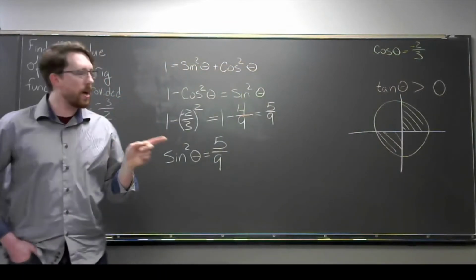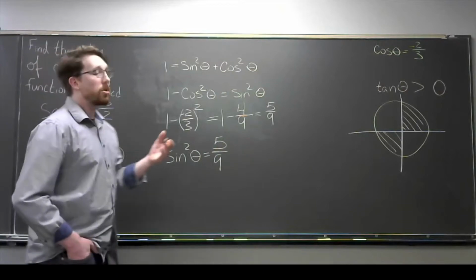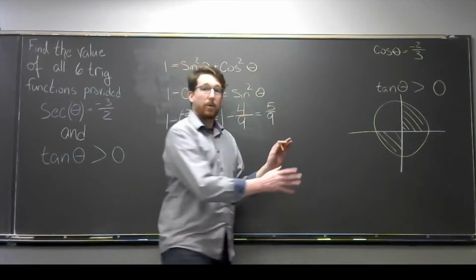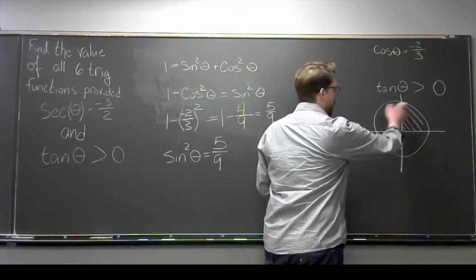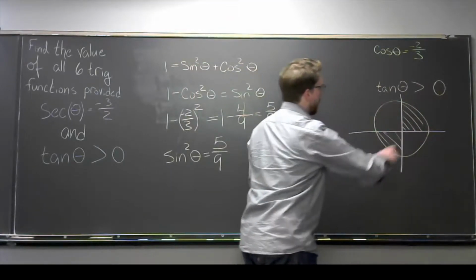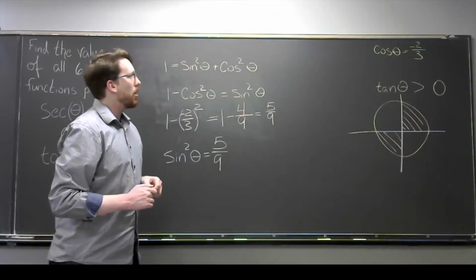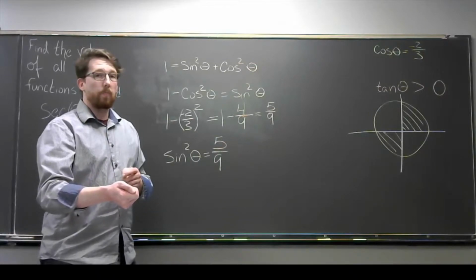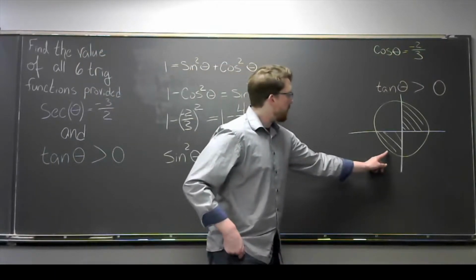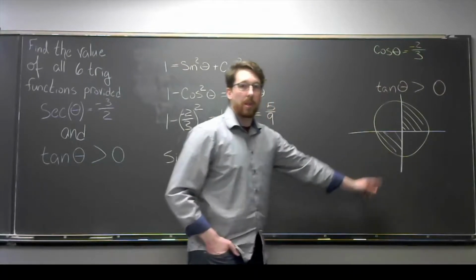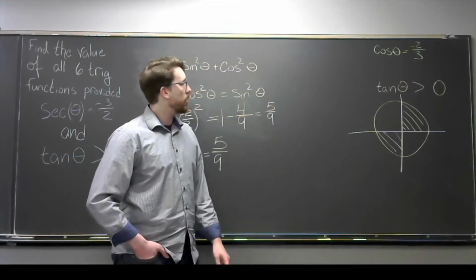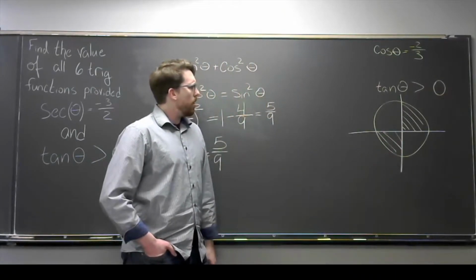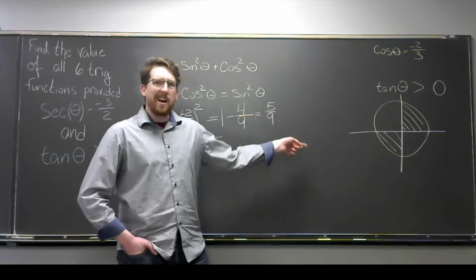Well, looking at this, because cosine is analogous to x, the x position along the edge of our unit circle, and we know that cosine is negative here, we know we must be somewhere over here, in this bottom left quadrant. Well, looking at that, that means sine has to be negative.